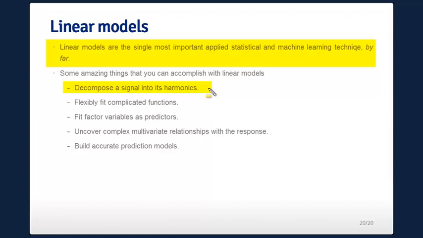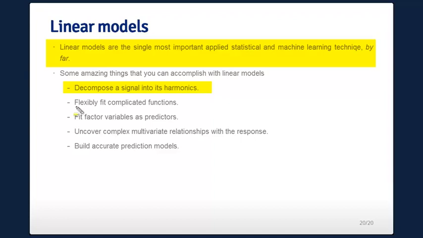For example, you pluck a guitar string at A on the A string and record it, digitize it, chop off so that you just get where the string is playing the A, pass it through a linear model with the correct terms, look at the squared coefficients, and you'll find the one at the perfect frequency of 440 or whatever it is for A will be the one that's significant.